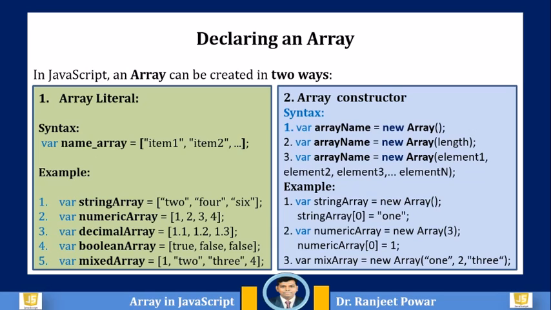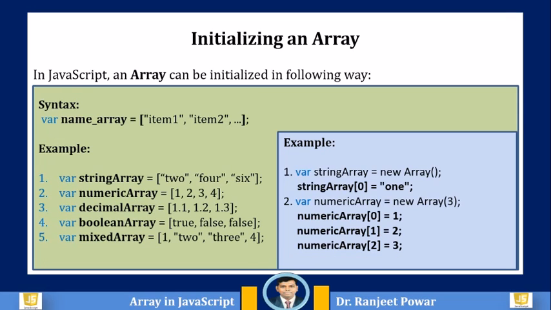The JavaScript array can store multiple elements of different data types. It is not required to store values of the same type in an array. Initialization is the process of assigning a value when an array is declared. You learned how to initialize a variable in earlier videos. The process to initialize an array is a little bit different than initializing a variable.